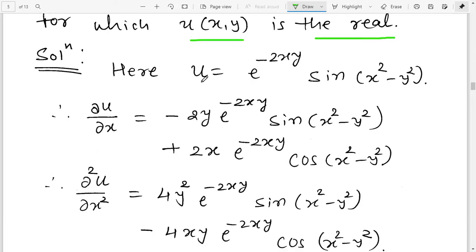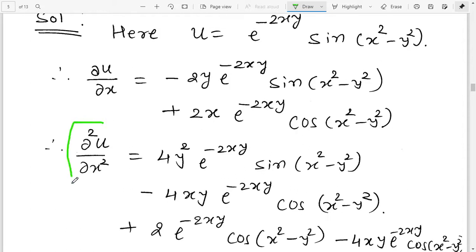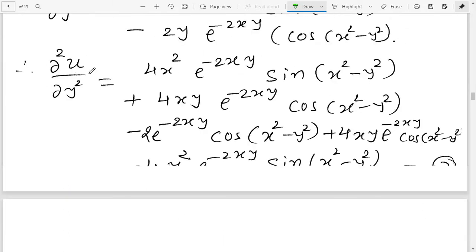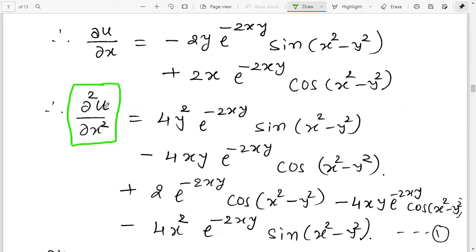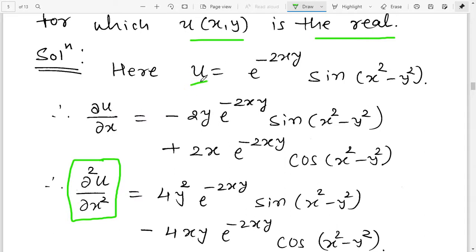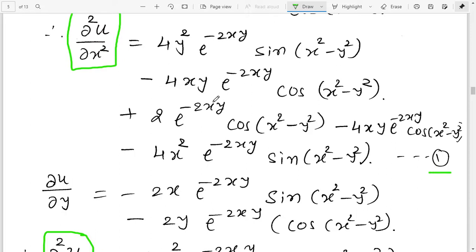So first we find the second order partial derivative of u with respect to x and the partial derivative of u with respect to y. Now differentiating u with respect to x, we get this. Now again differentiating this with respect to x, we get equation number 1.